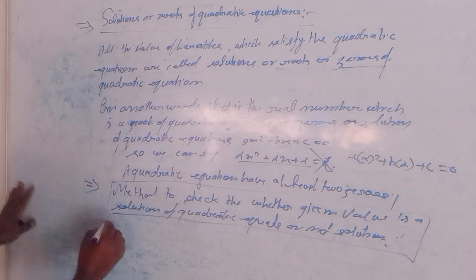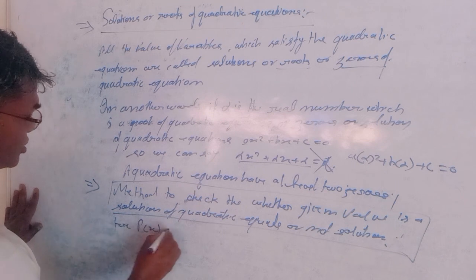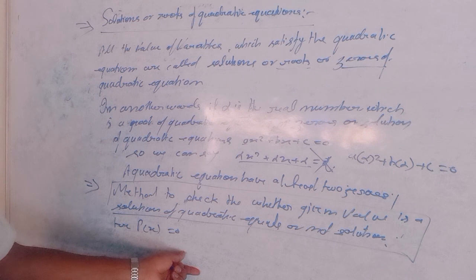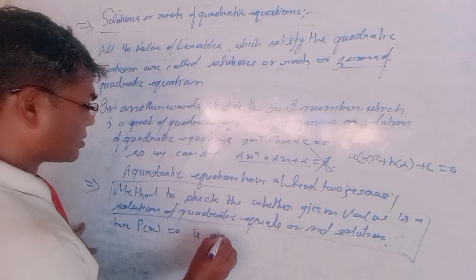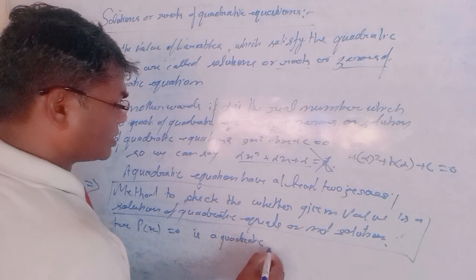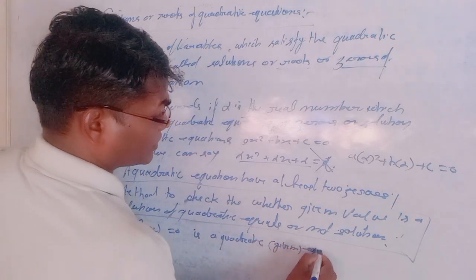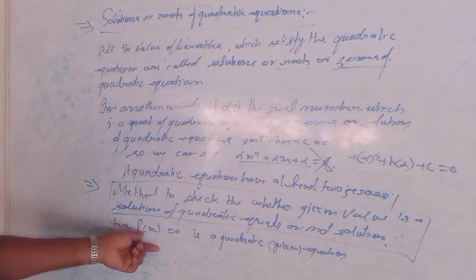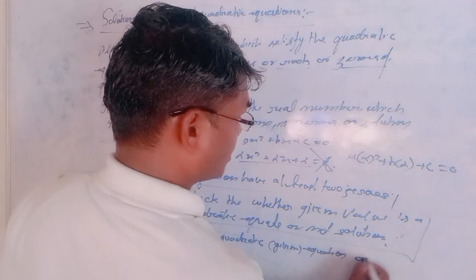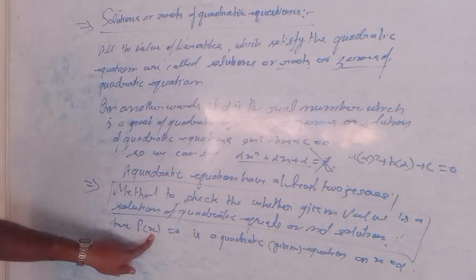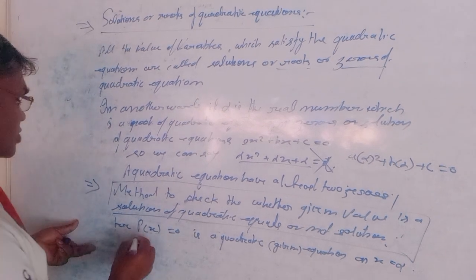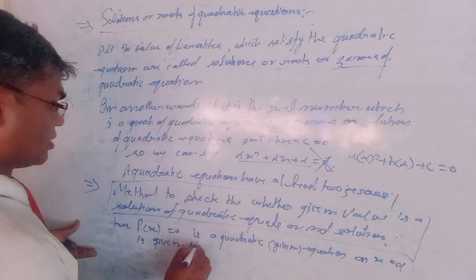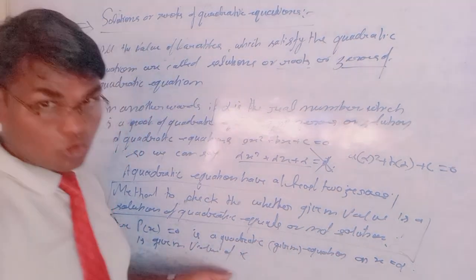So let p(x) equal to 0 be the given quadratic equation, and x is equal to alpha be the given value of x. Okay.